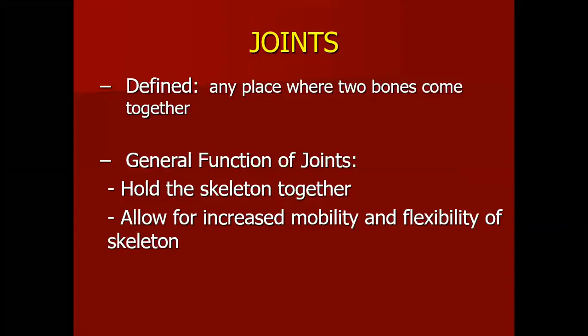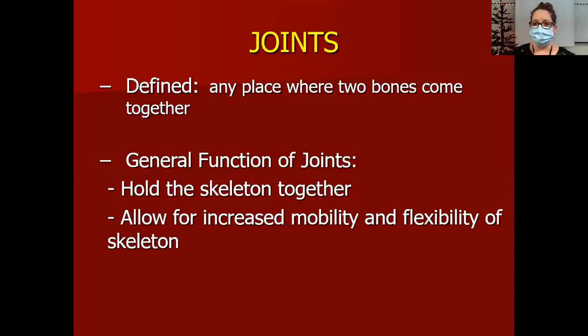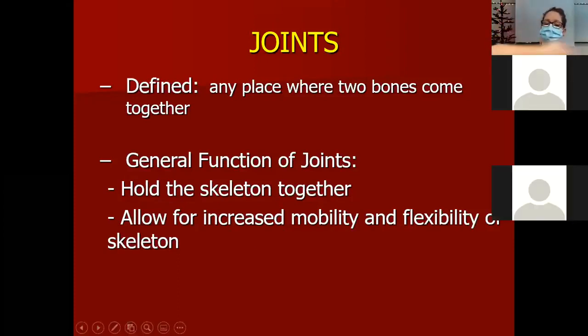Please remember that the skeleton doesn't move. My skeleton is not what is, oh, you can't see me. That's Thomas. My skeleton is not what's doing this. What is making this motion happen? Joints. And how are joints making that motion happen?